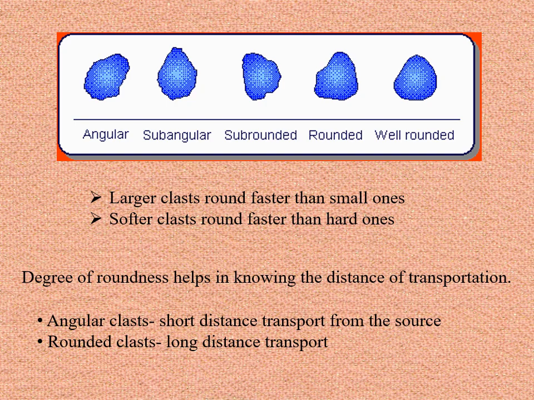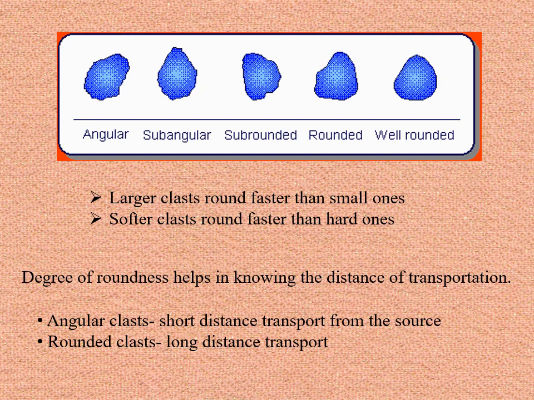A large clast, because of its large surface area, has more chance during transportation of coming into contact more times with the bottom substrate and other grains within the medium. So these large clasts will be abraded more frequently during transportation, and they have more tendency to become rounded.